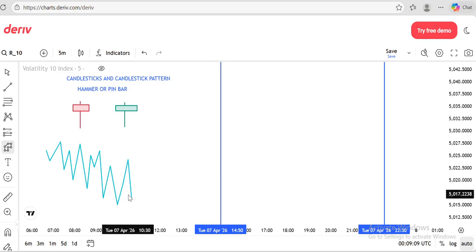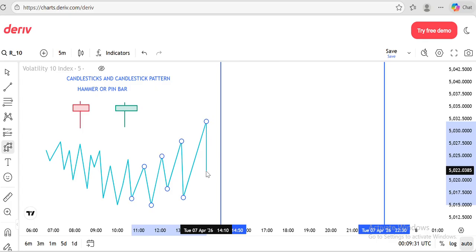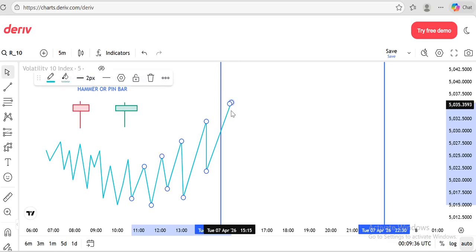So from here, what you may likely see now is something like this: down, a sweep, record structure, liquidity up, down, and voila. So if you see such a thing around this area, know that okay, probably the move is changing from being a sell to being a buy. So that's one of the signals you look at.